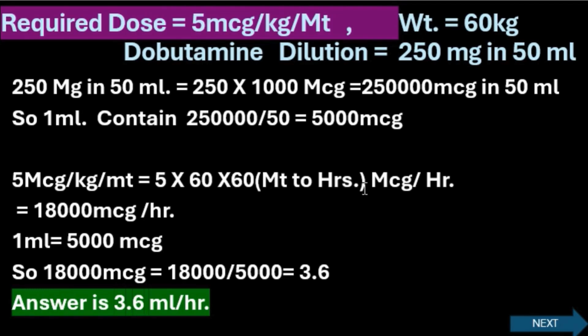So the total microgram per hour that should go is 5 into 60 into 60, which is 18,000 microgram. 1 ml has 5,000 microgram. So to obtain 18,000 microgram, 18,000 divided by 5,000, that is 3.6 ml per hour should go. Next question.